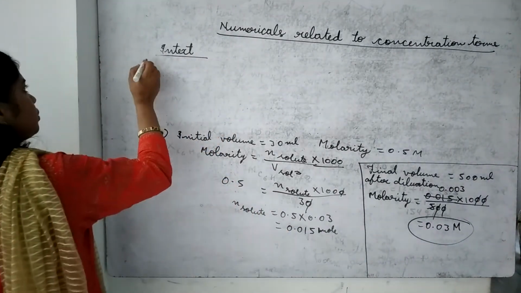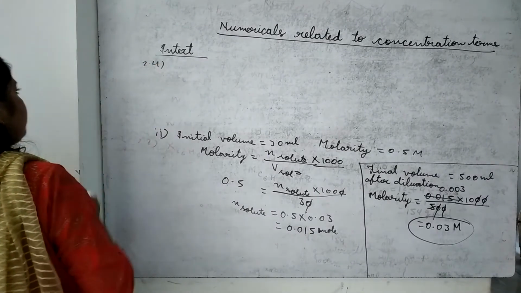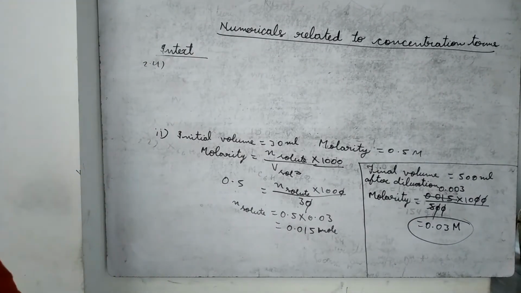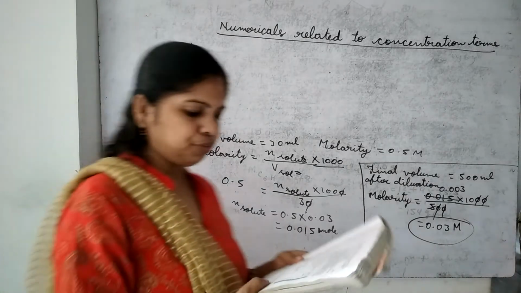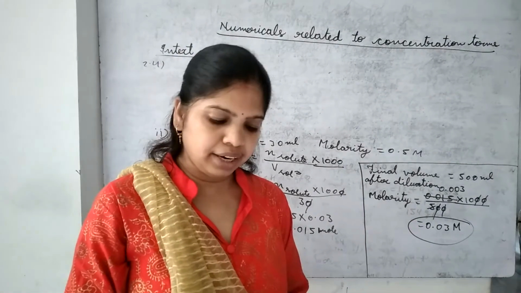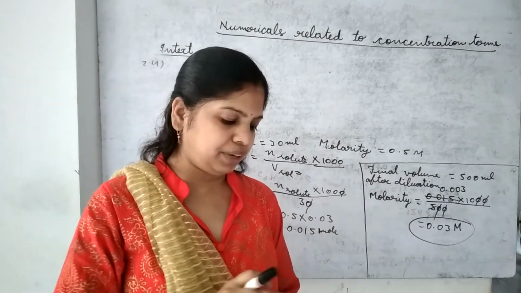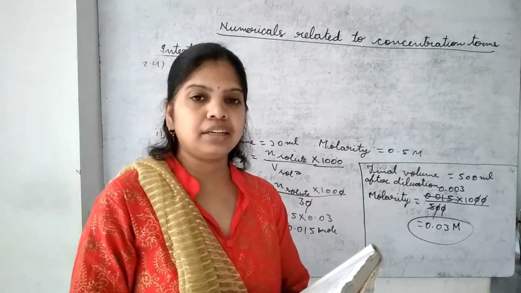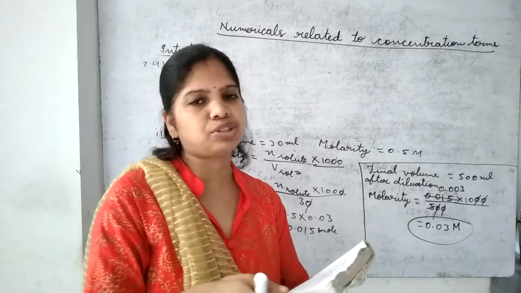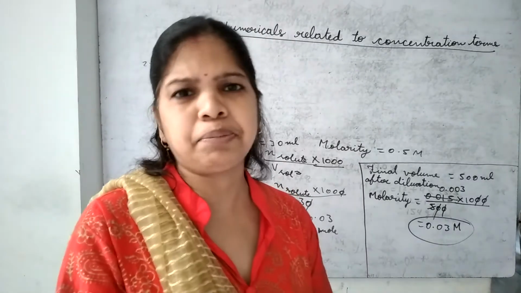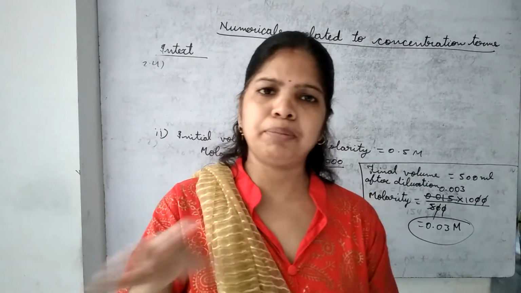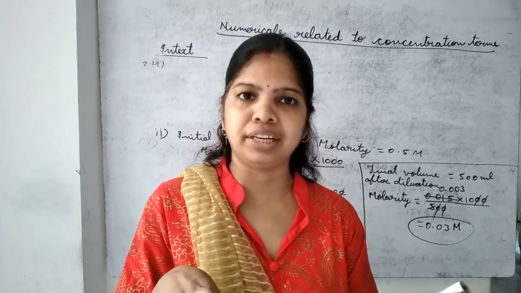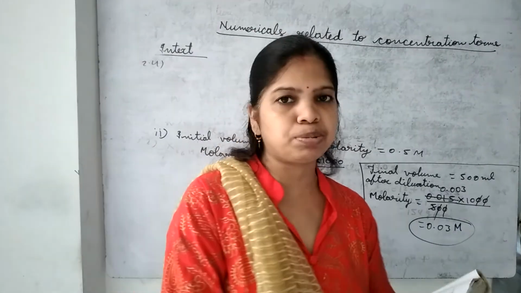So question number 2.4, it has been given: calculate the mass of urea required in making 2.5 kg of solvent. Actually the solute is in negligible amount, so approximately the whole mass of solution is considered as the mass of solvent.